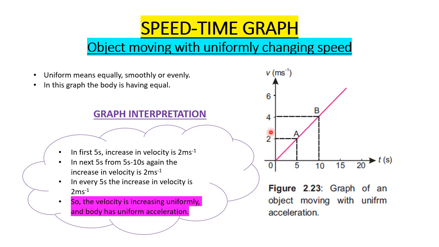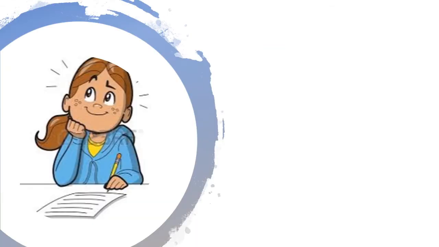So again the change in speed is 2 meters per second, and in the next 5 seconds the change in speed is also 2 meters per second. From this we can easily understand that in this graph the speed is changing uniformly. So when the velocity is increasing uniformly, the body has uniform acceleration.